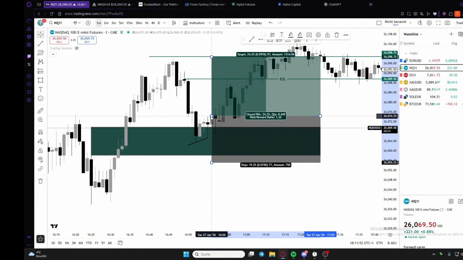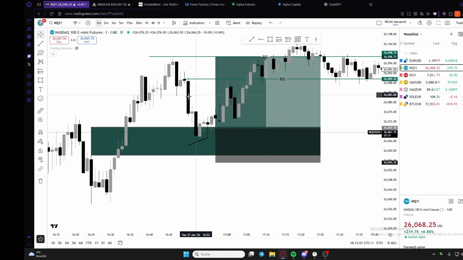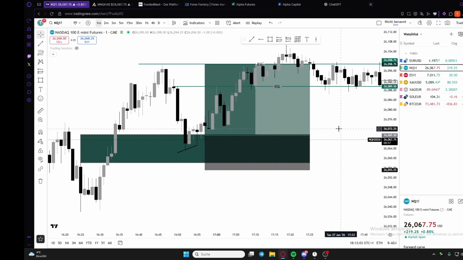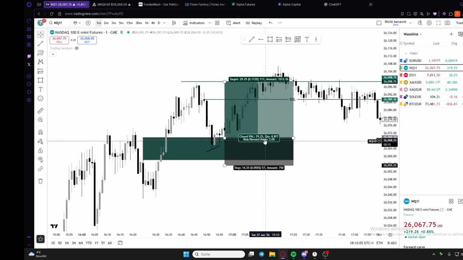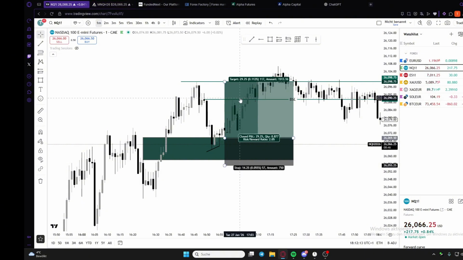So I wasn't really comfortable with it. So I waited for a little bit of a retracement, which we got, and I entered somewhere like here. You saw it a second ago, where I exactly entered the position, and it just went straight up to my take profits. I went break even pretty early with this one.